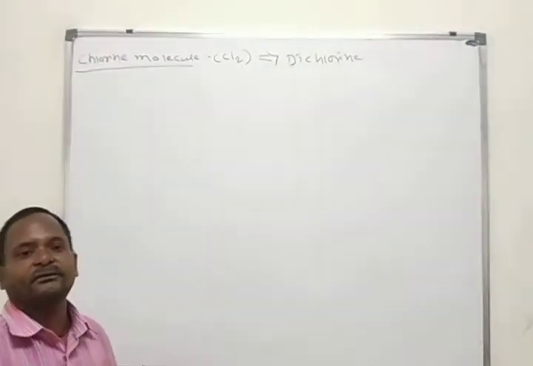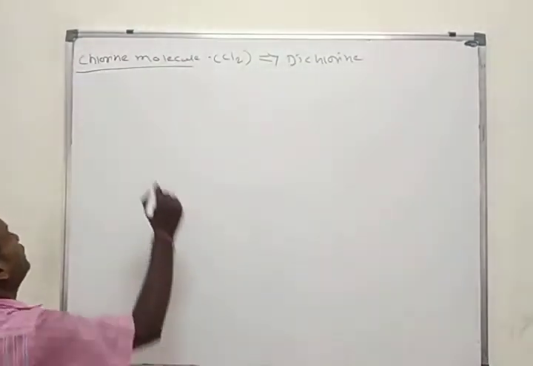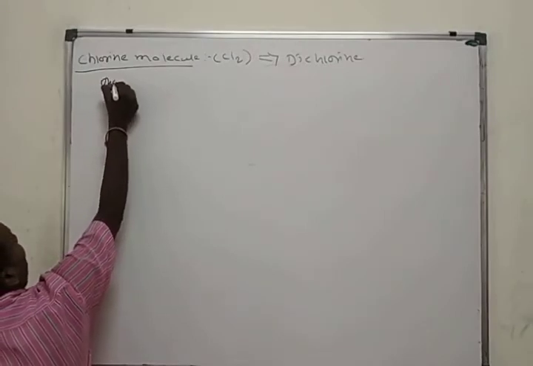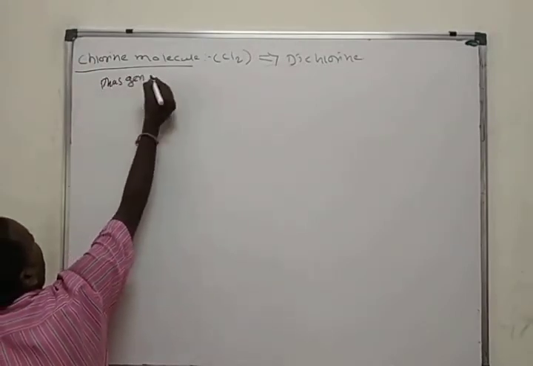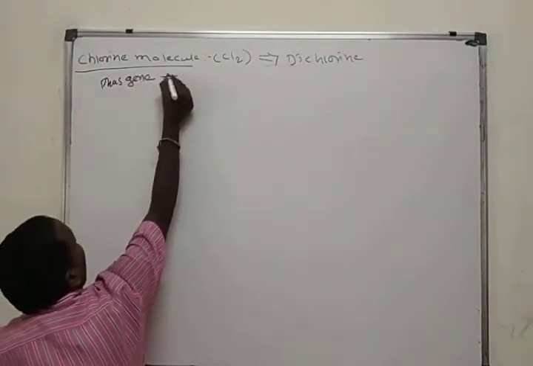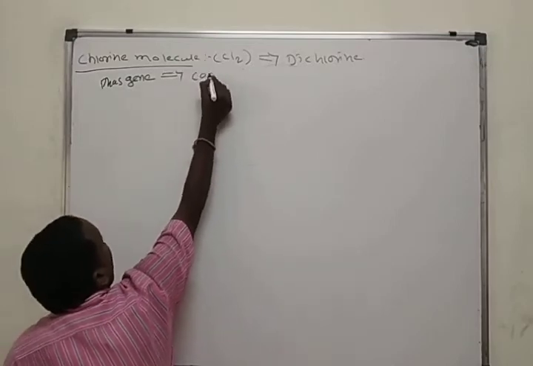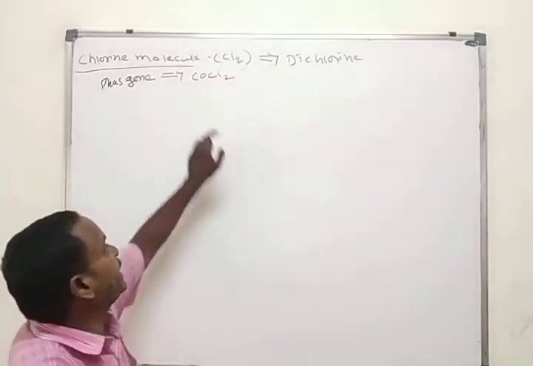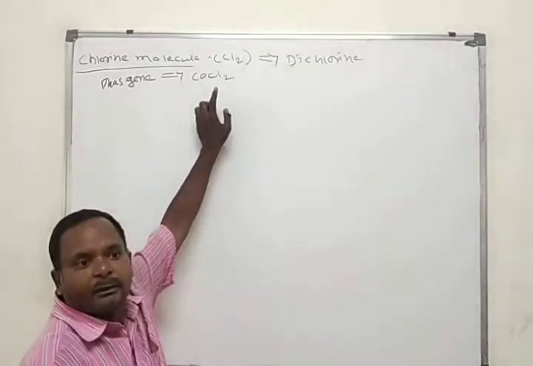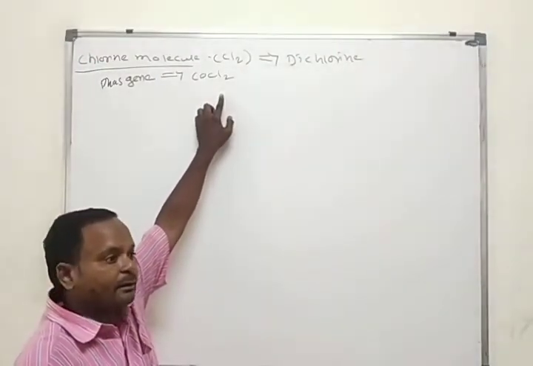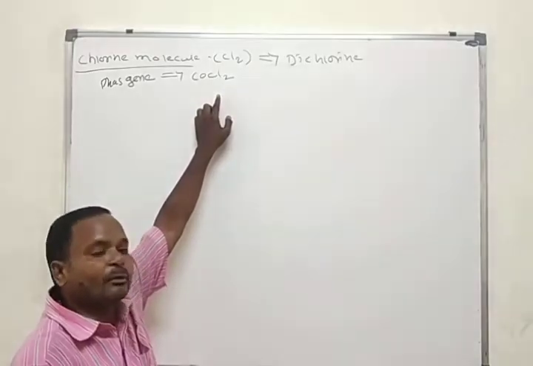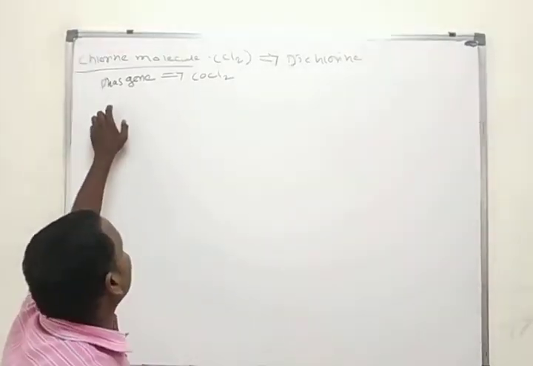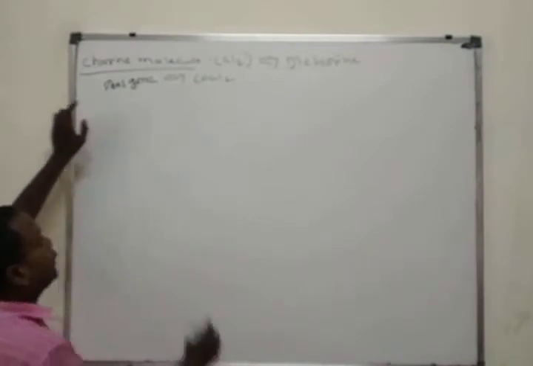This is also used for the preparation of phosgene, COCl2. The chemical name of COCl2 is carbonyl chloride. Carbonyl chloride is phosgene.